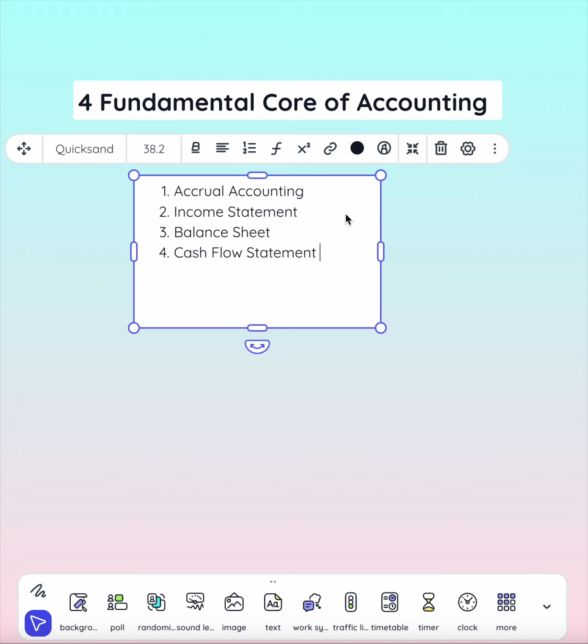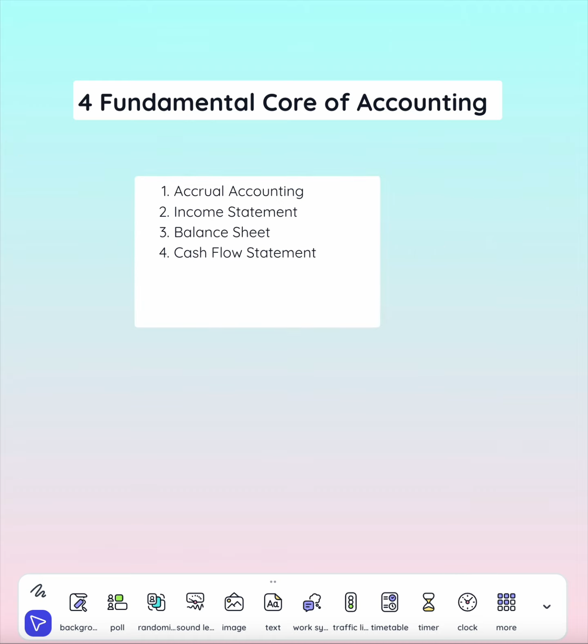So these are the fundamental cores of accounting that we are going to talk about in this lesson.